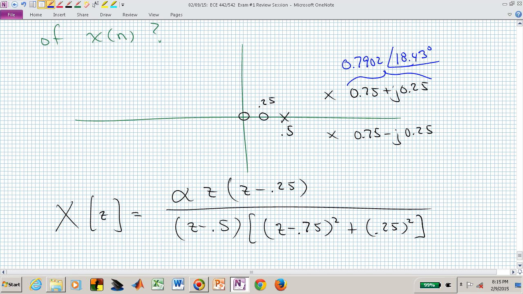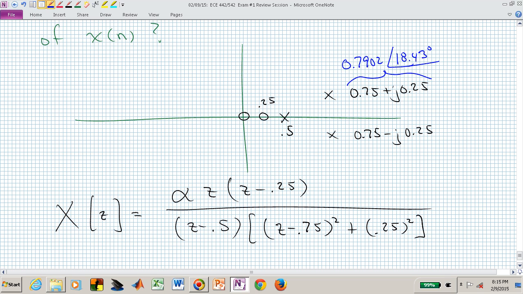And what piece of the pole do we focus on for stability? We concentrate on the real part if our poles are real, but if they're complex, we need to worry about the magnitude, don't we? The modulus.